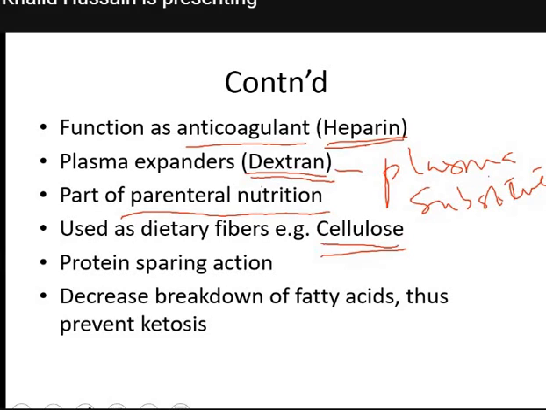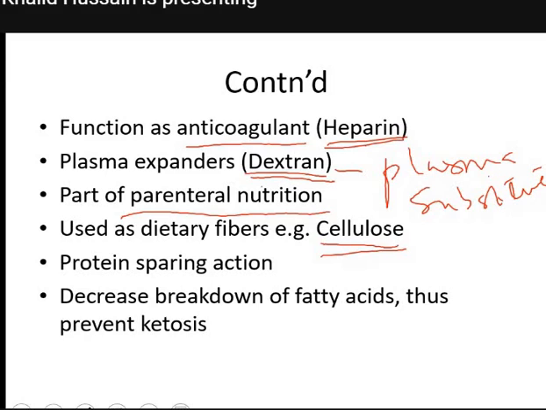You might have heard that if a person is having diarrhea, people say, take isabgol husk in yogurt. This isabgol husk is cellulose. When it is taken in yogurt, it swells in the intestine and increases the bulk.